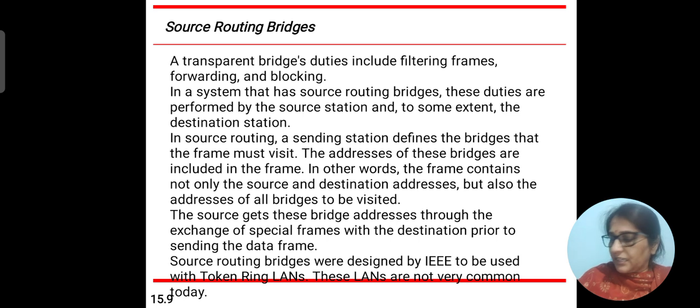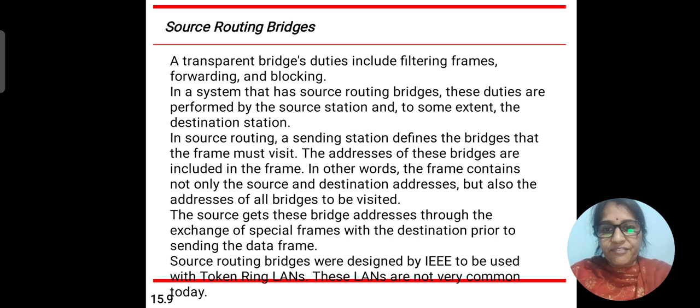As I said earlier, there are two types of bridges. One is the transparent bridge and the second is the source routing bridge. In source routing, the routing operation is performed by the source station and the frame specifies which route to follow. In a transparent bridge, duties include filtering frames, forwarding and blocking.